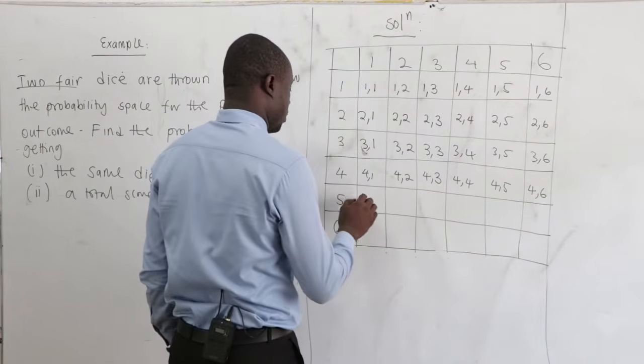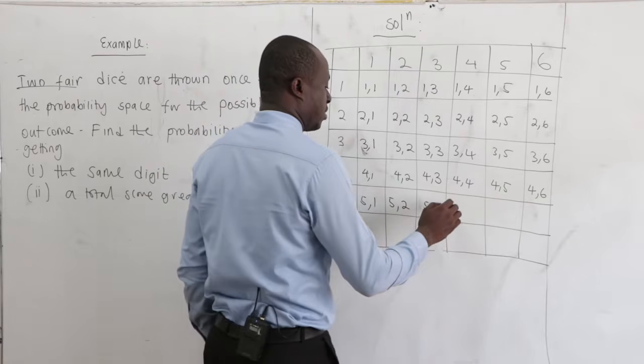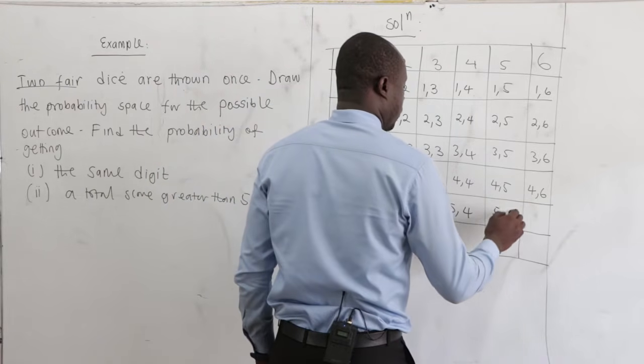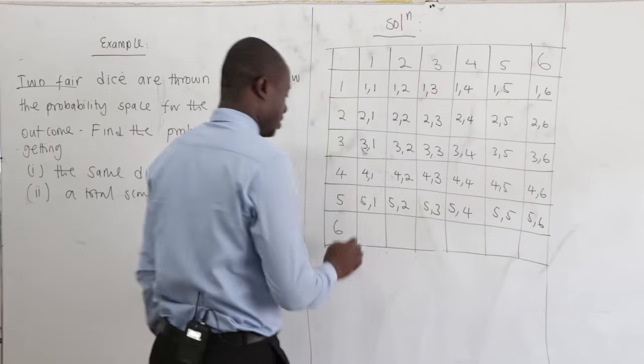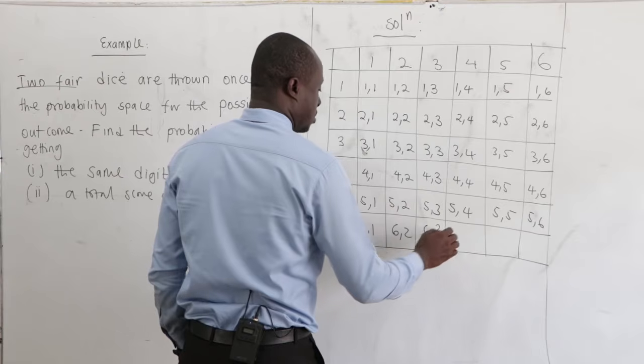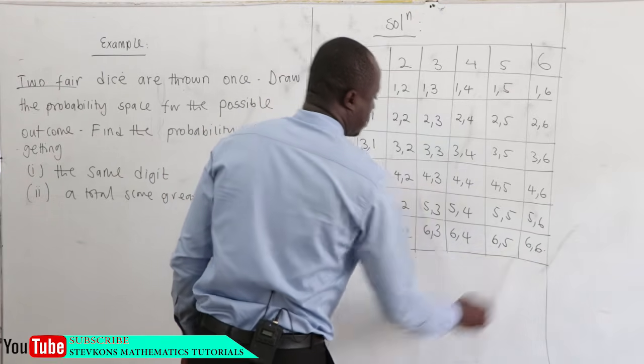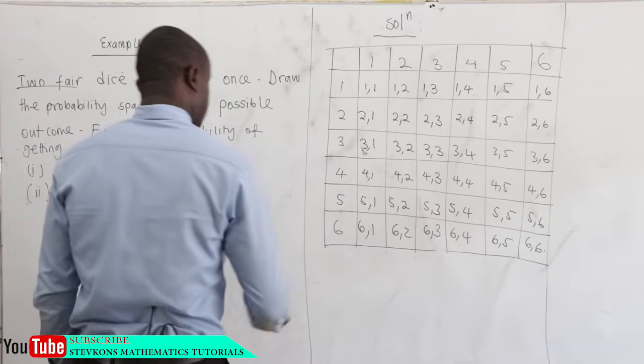And this can either be 5,1, 5,2, 5,3, 5,4, 5,5, 5,6. This can be 6,1, 6,2, 6,3, 6,4, 6,5, and then 6,6.